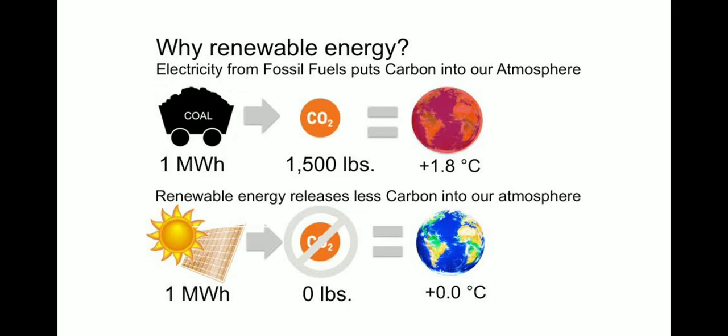Because electricity from fossil fuels puts carbon into our atmosphere. You can see, if we use coal in order to produce electricity, coal which is burned produces a high amount of carbon dioxide. Over here you can see 1500 pounds, which will add up to the global warming.